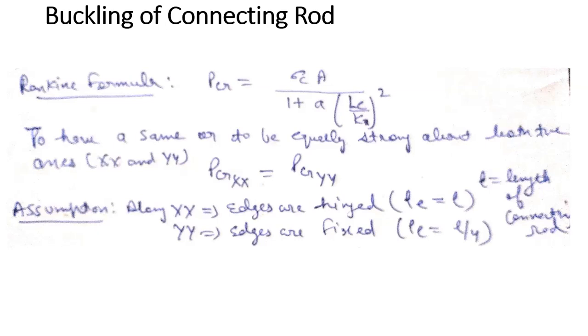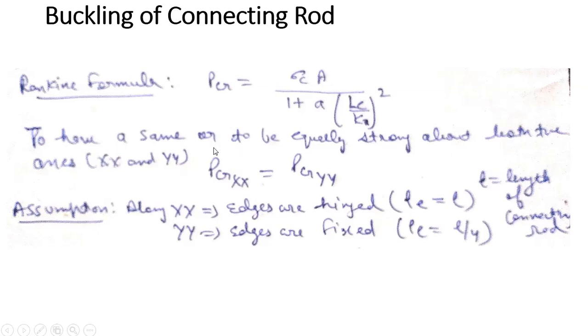For short columns there is the Rankine formula, given by the critical load equal to sigma Cy, the crushing force, divided by 1 plus a, where a is a material dependent property, different for aluminium and for mild steel, defined by a constant, multiplied by LE by K whole square. LE is the equivalent length that depends upon the boundary condition, and K is the radius of gyration. This is the formula given by Rankine for the critical buckling load.